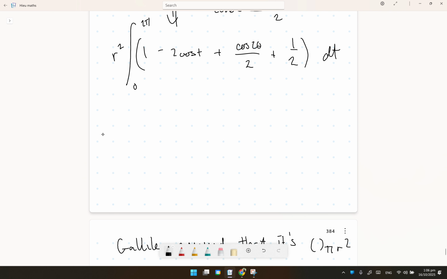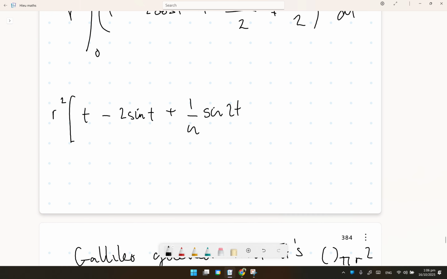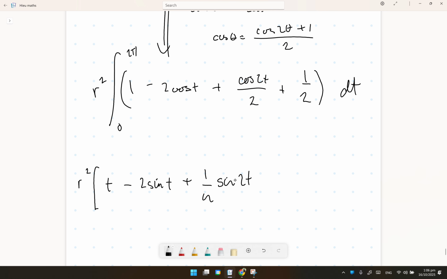So 1 integrates into t, minus 2 cos t integrates into 2 sine t, because sine differentiates into cos t, plus cos 2 theta turns into 1/4 sine 2t, sorry, yep, this turns into 1/4 sine 2t, plus 1/2 t from 0 to 2 pi.